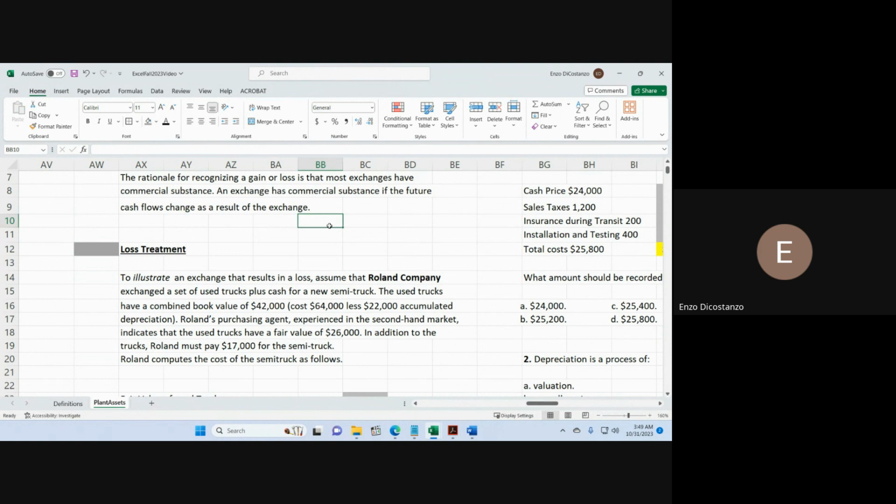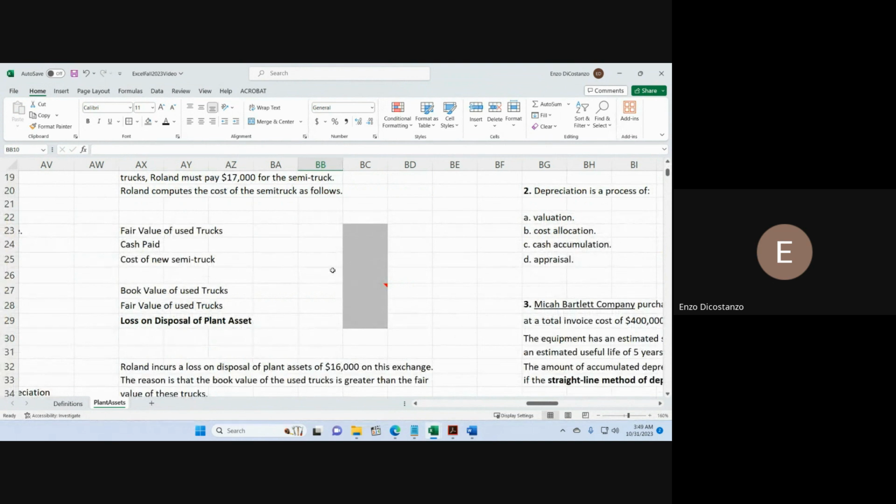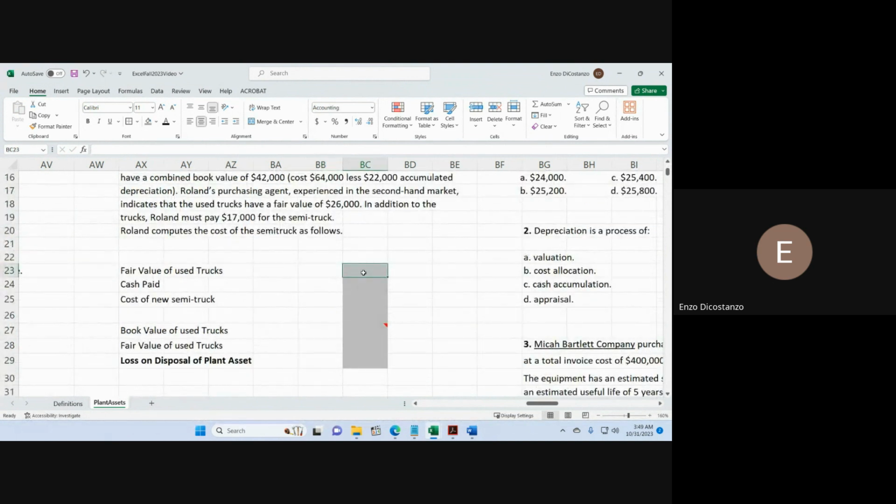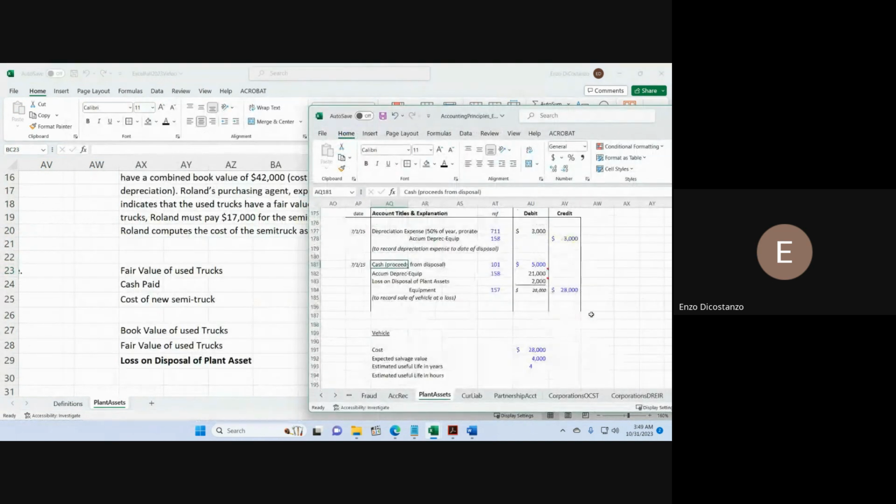The fair value is 26. And the buyer pays 17 in addition to the used truck parts. So you've got to compute all this stuff is what you need to do, or organize what you're doing here.